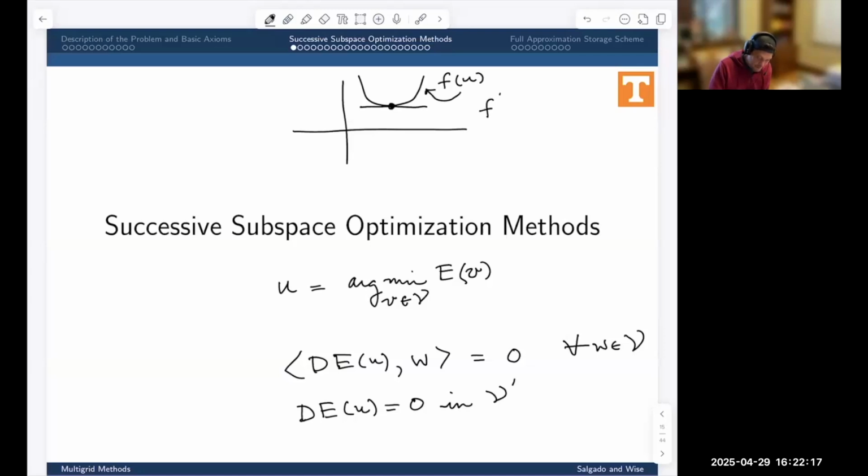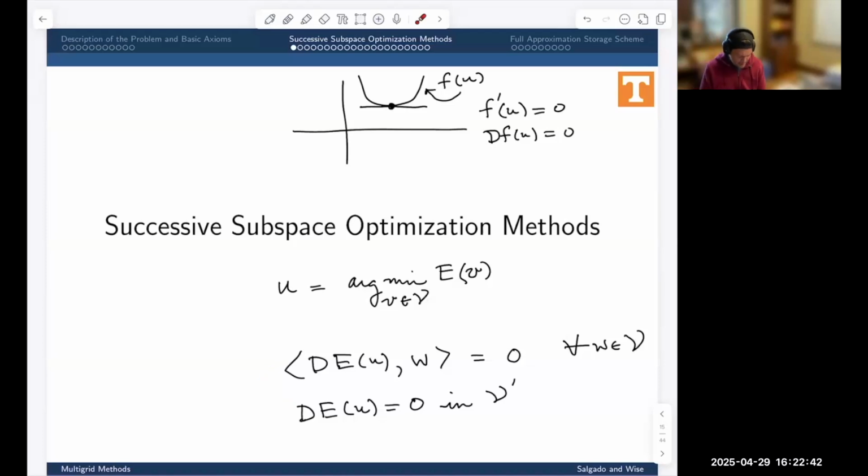And of course, we're looking for f prime of u equal to 0. In other words, this is written as dF(u) equals 0. Okay. So this would be the equivalent way of saying that in this infinite dimensional setting, these two statements are the same.